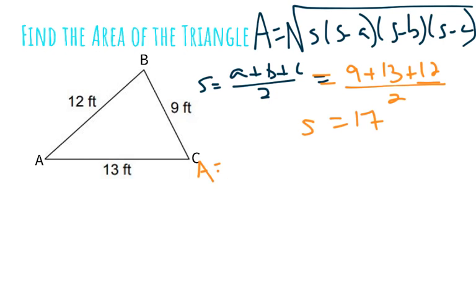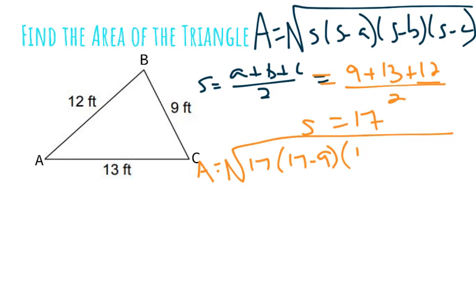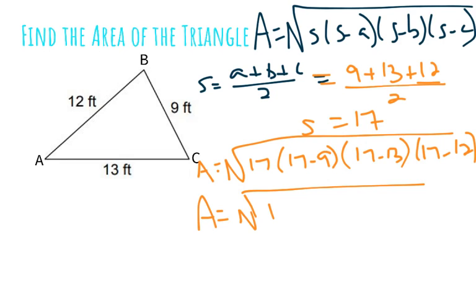So let's try it. The area equals the square root of 17 times 17 minus 9 times 17 minus 13 times 17 minus 12. So the area is going to equal the square root of 17 times 8, since 17 minus 9 is 8, times 4, since 17 minus 13 is 4, times 5, since 17 minus 12 is 5.